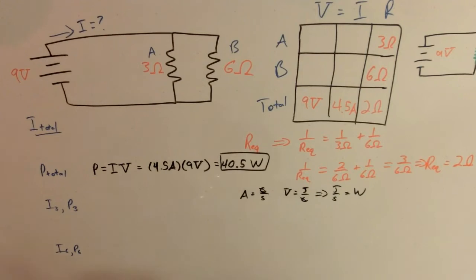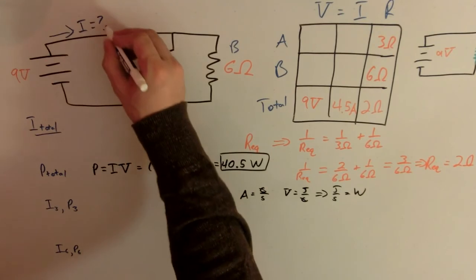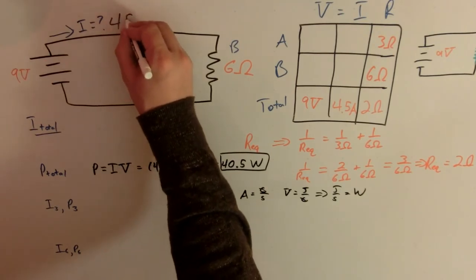Now, let's see what we can fill in. As to the junction rule, because I'm interested in current, right? Junction rule deals with current. Junction rule says whatever current I have going into a junction, into a little intersection, I have to have the same amount coming back out. We know that this guy was 4.5 amp.